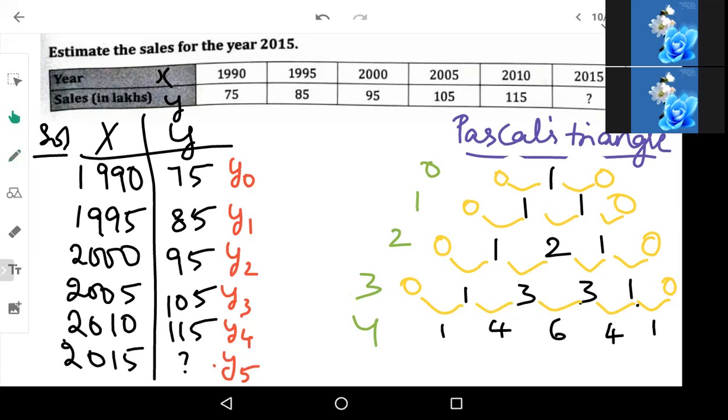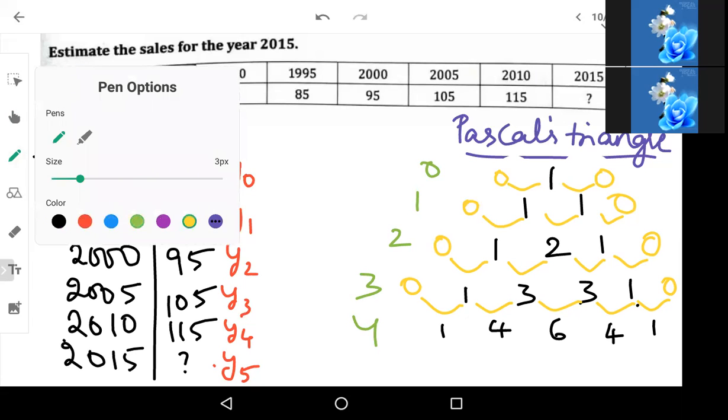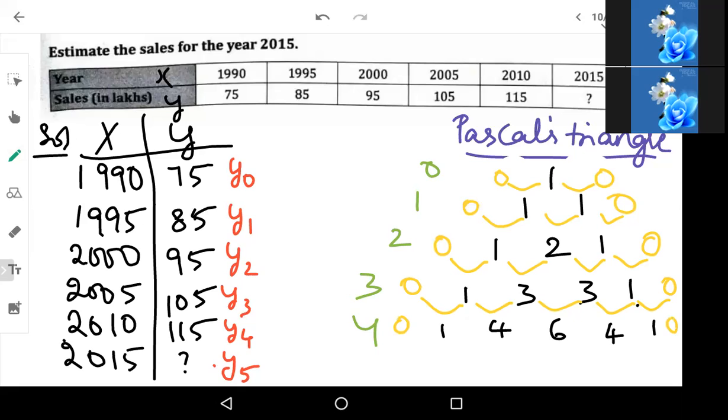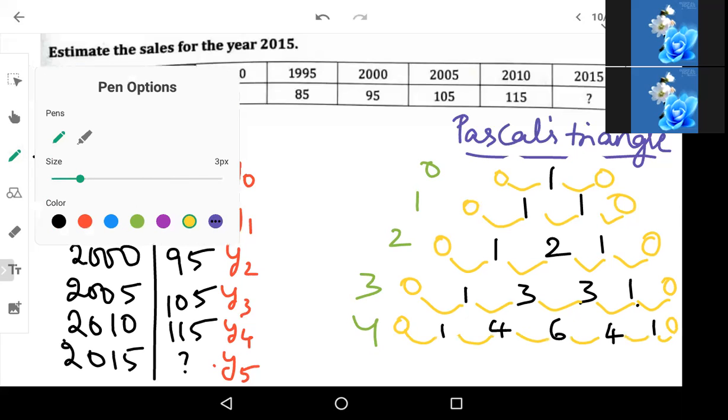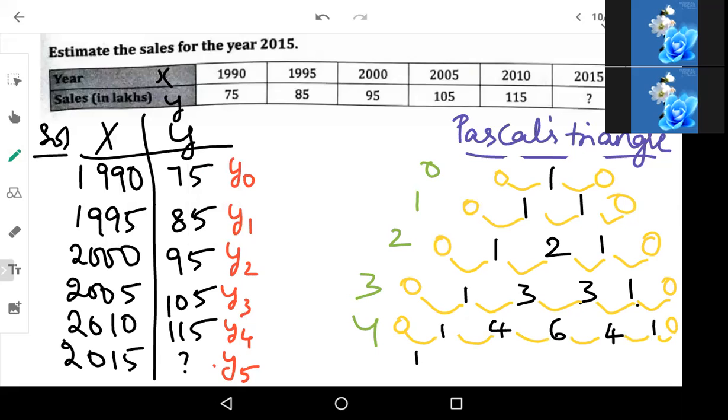Okay. Once again, assume 0 and 0. Add the numbers. 0 plus 1 is 1. 1 plus 4 is 5. 4 plus 6 is 10. 6 plus 4 is 10. 4 plus 1 is 5. 1 plus 0 is 1.